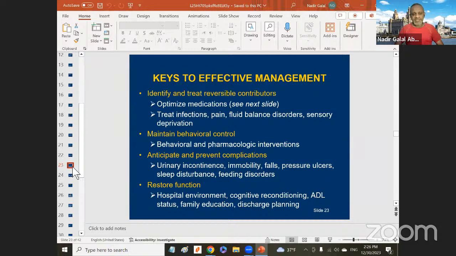So if it's medication, you try to stop the medication or change the medication. Pain is a component that can cause delirium. Pain medication also can cause delirium. So you want to figure out what the problem is. You try to change that.